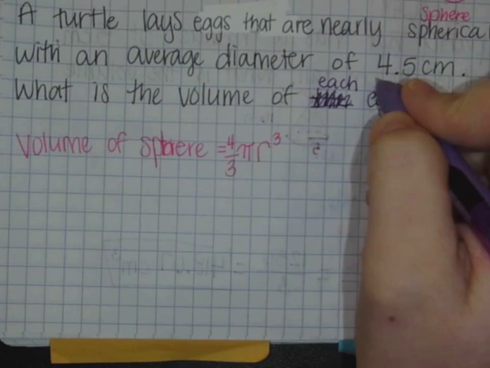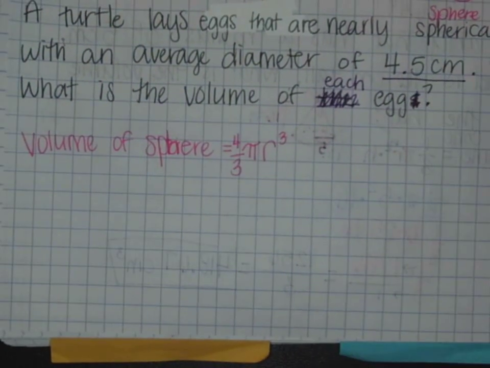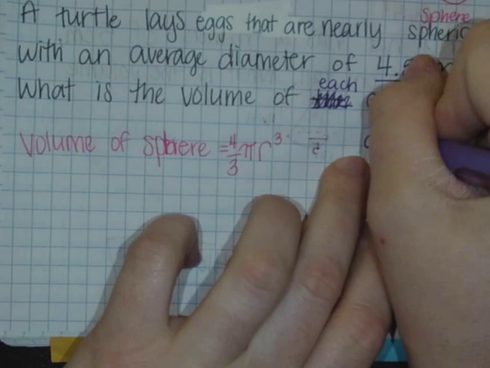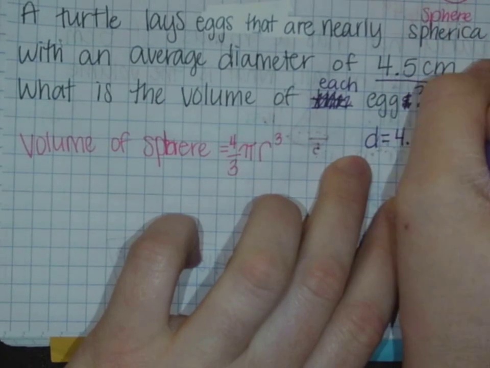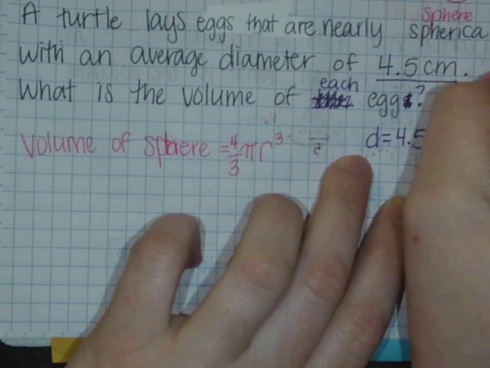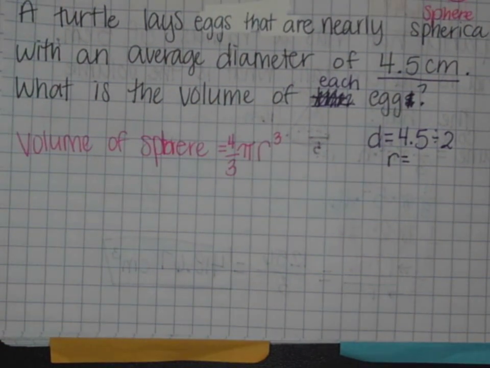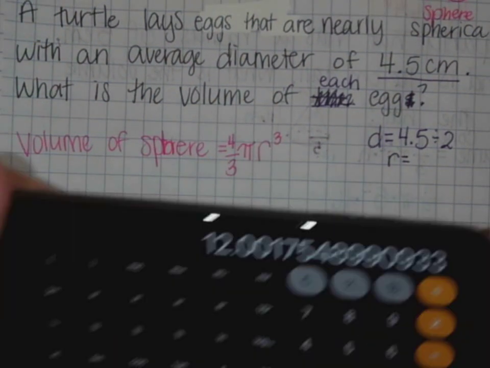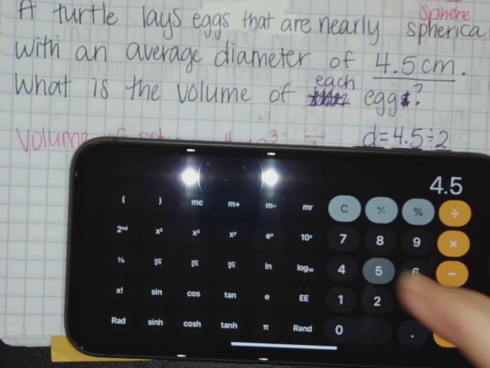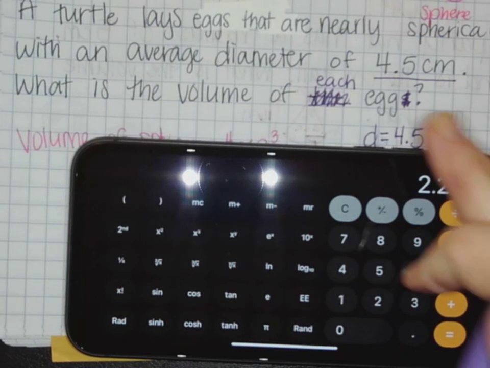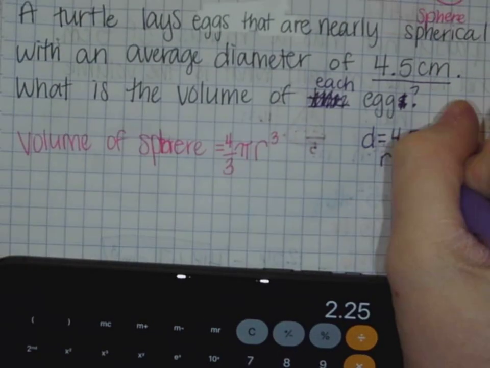But again, we were given the diameter. So the diameter is 4.5. I need to cut that in half to get our radius. So 4.5 divided by 2 is 2.25.